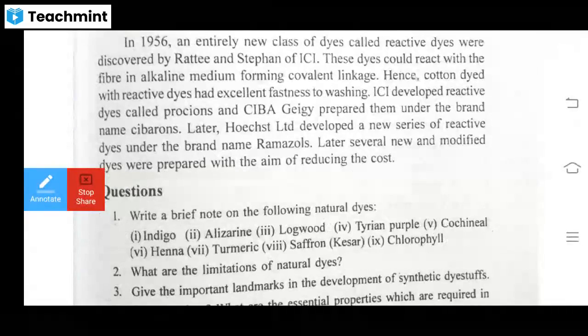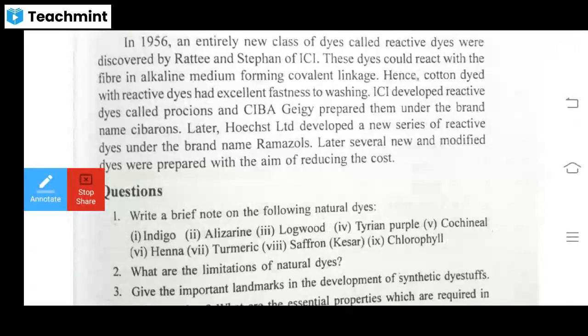You have to know the different types of dyes which were developed, that is, the journey of the development of the dye. Another company, Hoechst Limited, developed a new series of reactive dyes under the brand name Remazols. Later, several new and modified dyes were prepared with the aim of reducing the cost.